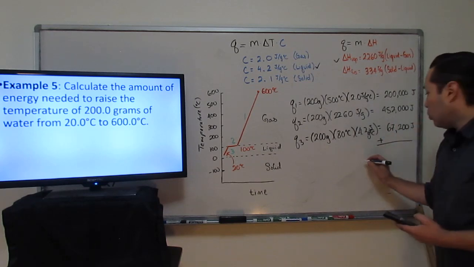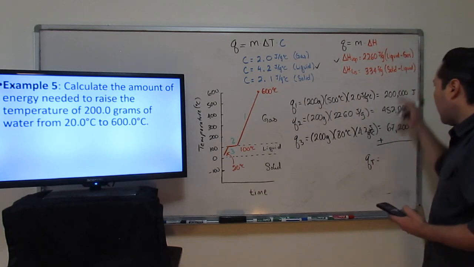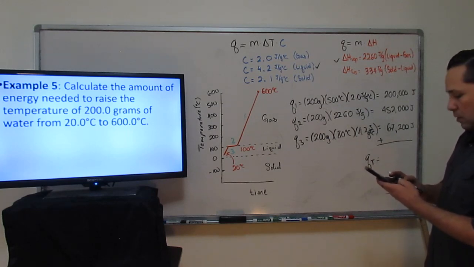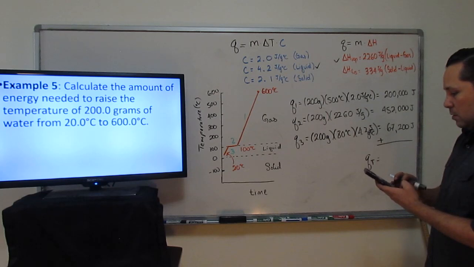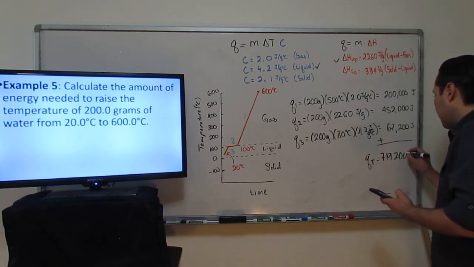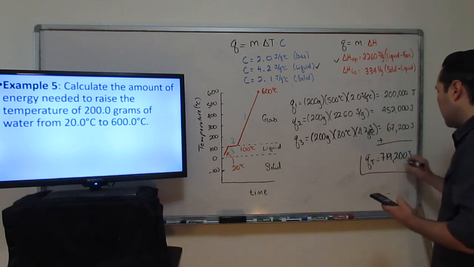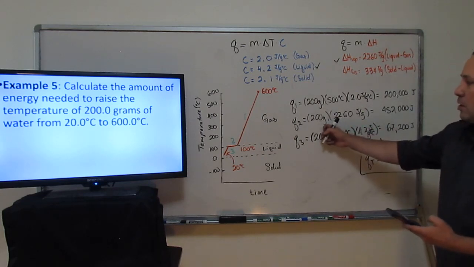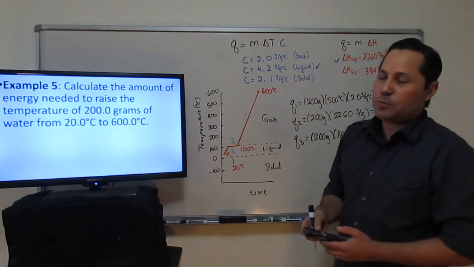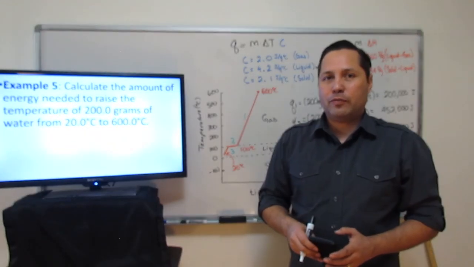To get the grand total, Q total, add all three of those together, and our final answer is going to be 719,200 joules of energy needed to get those 200 grams of water from 20 degrees Celsius up to 600 degrees Celsius. That takes care of example 5.